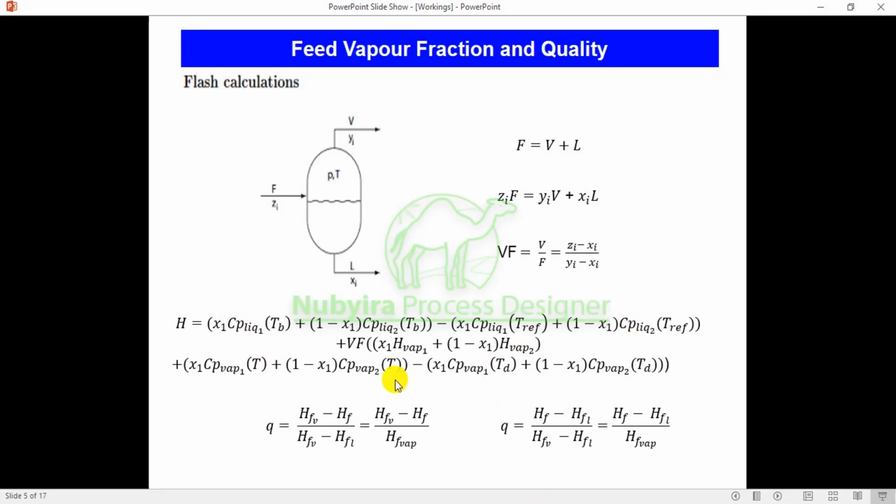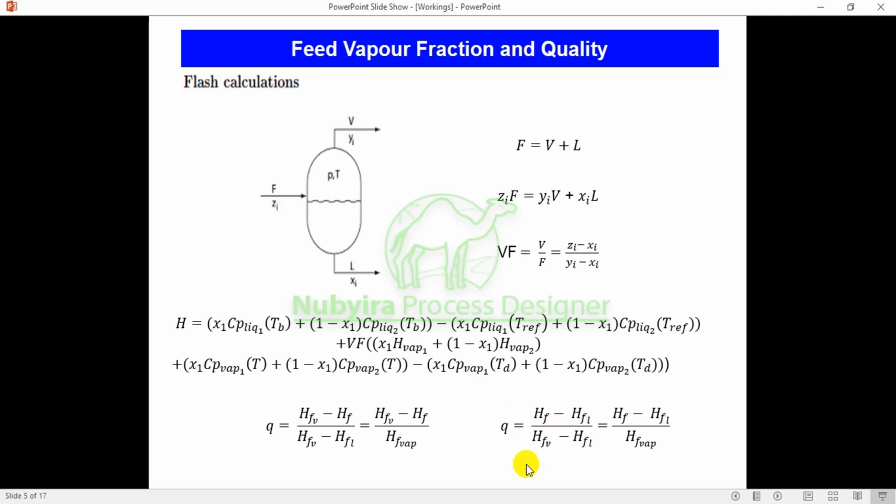Following my presentation in the previous video, this is the equation that I presented that I'm using to calculate the feed quality, which is the enthalpy of the feed minus enthalpy of the feed at bubbling point divided by enthalpy of the feed at dew point minus enthalpy of the feed at bubbling points. Although H is a specific enthalpy, not really enthalpy, you understand?